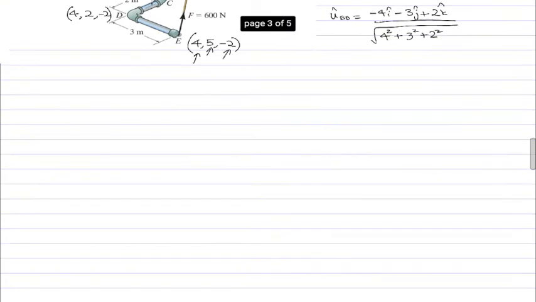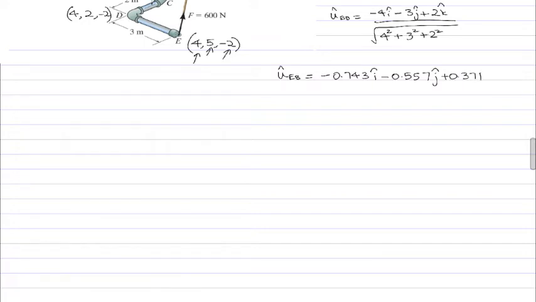And what we end up with is UEB is equal to -0.743 i minus 0.557 j plus 0.371 k.